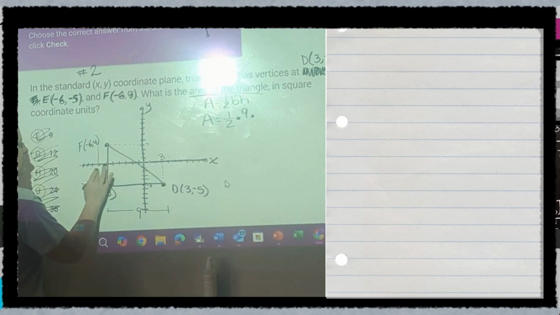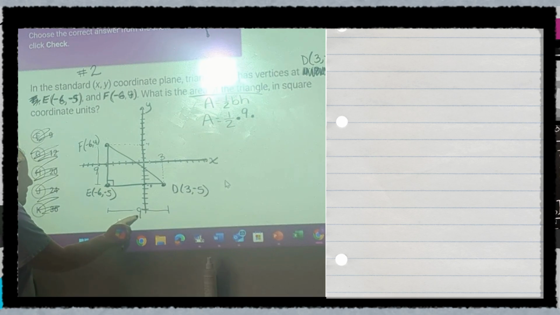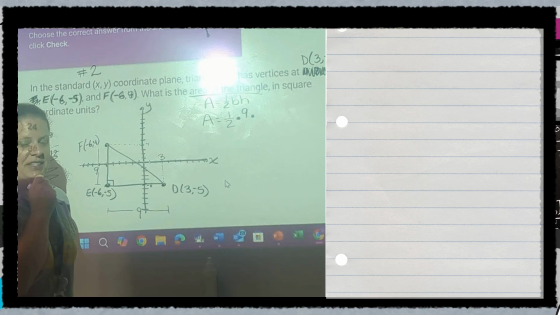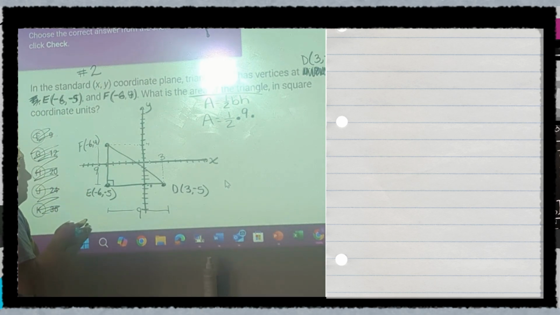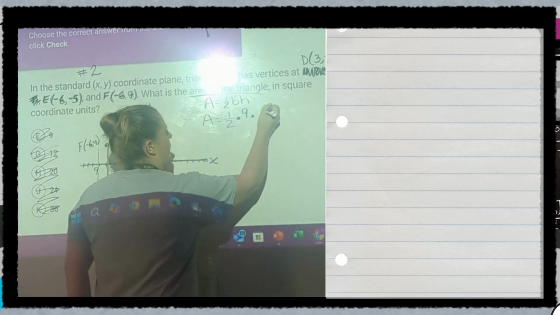That actually makes this a special triangle because if you notice a 9 and a 9, it's kind of like that one we just talked about. It's isosceles. That actually doesn't matter in the course of this problem, but at least we can recognize it. So 9 is also my height.